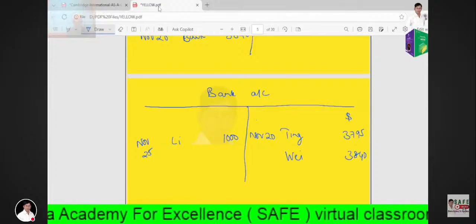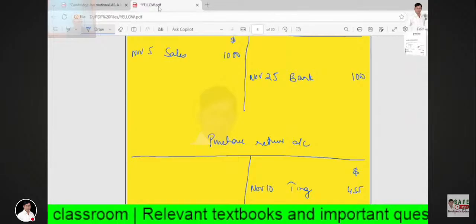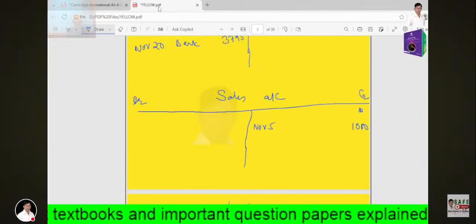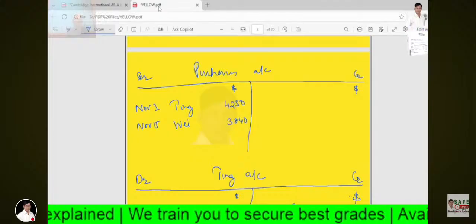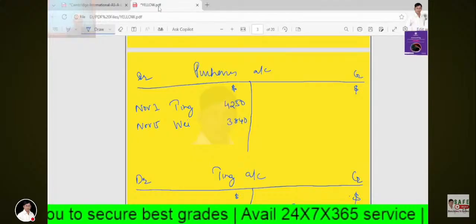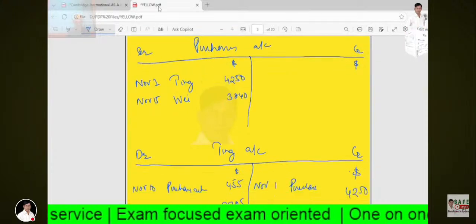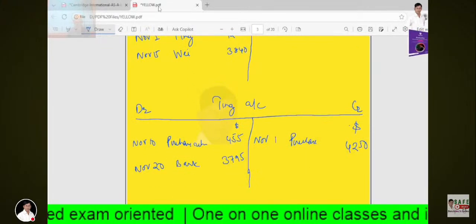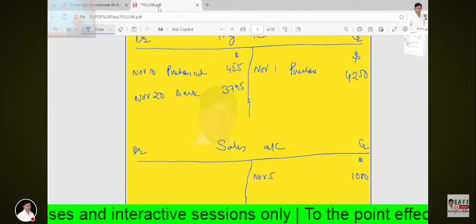So basically what you can do is try answering yourself, then compare with the answer here, so that you are confident that everything is right. Purchases account will be debited. These are the amounts of purchases. Tinge account, we have paid everything, so there is no amount left over. Sales account is credited.